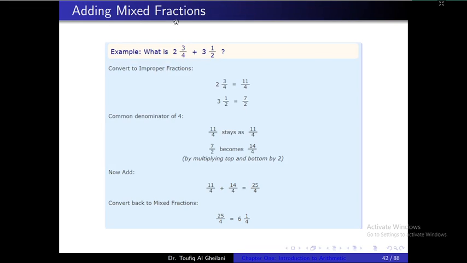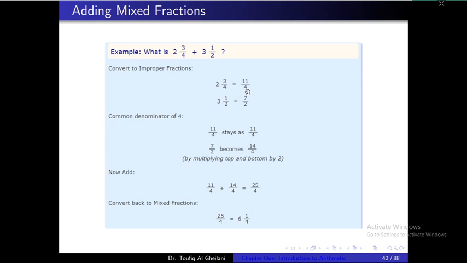Now adding mixed fractions. For example, what is 2 and 3 over 4 plus 3 and a half? Firstly we convert to improper fractions. From the previous slide, we convert 2 and 3 over 4 to an improper fraction.